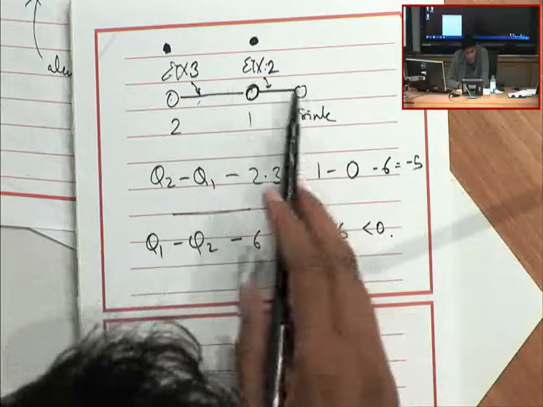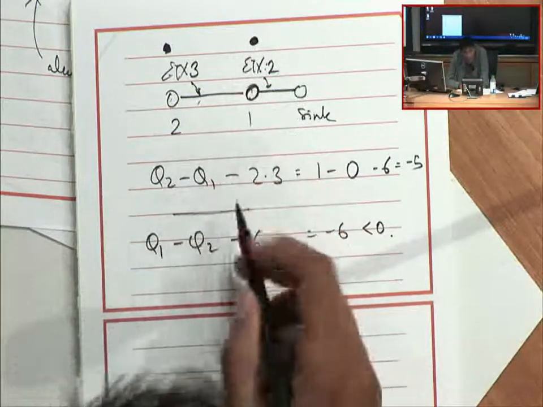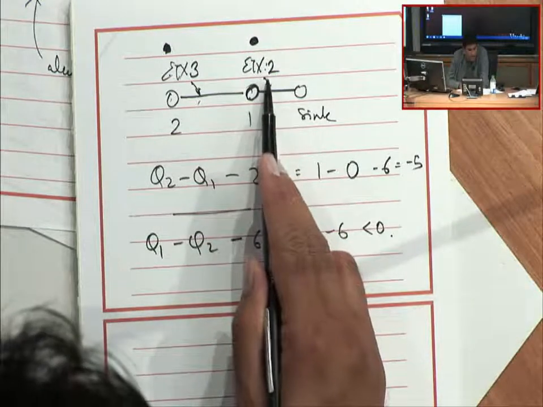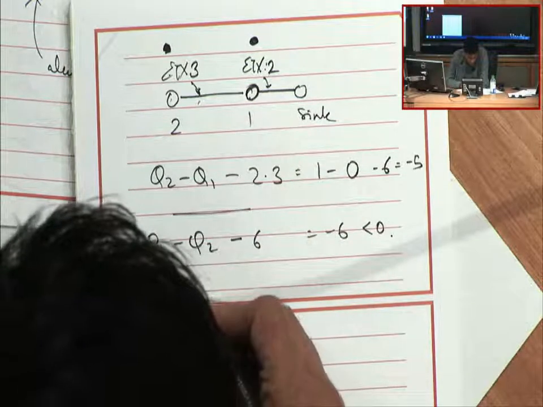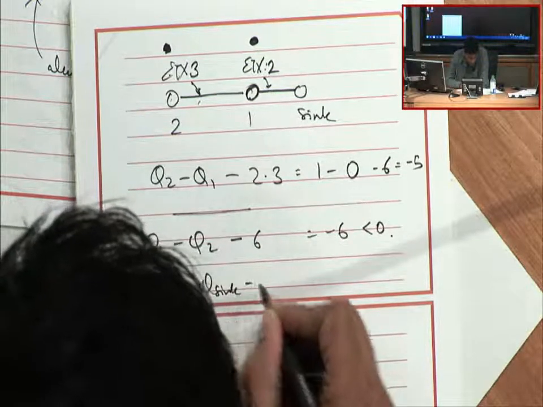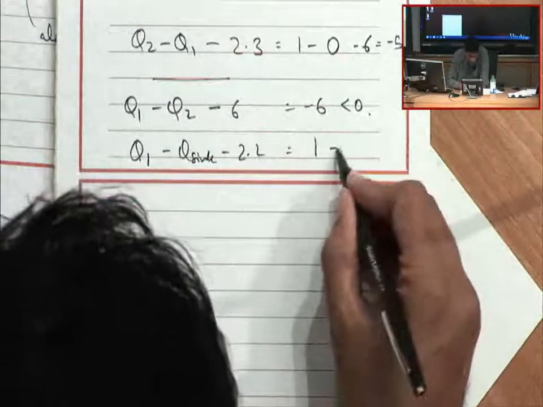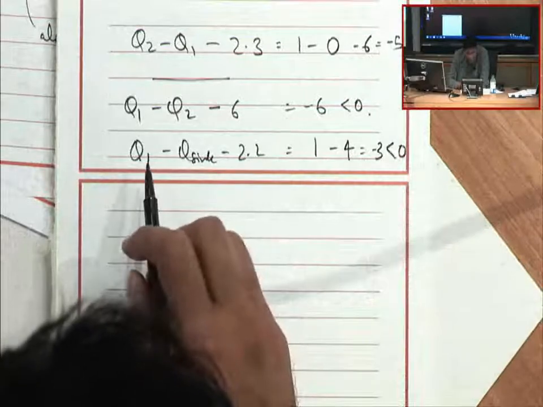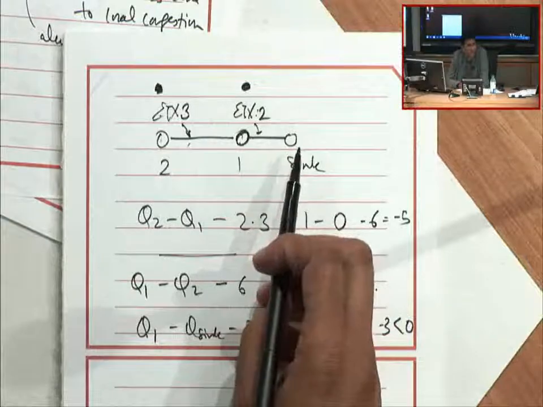In the forward direction, it does have more packets in its queue than the sink does, but the calculation we're doing has to take into account an additional ETX weight of 4. So in this direction, Q1 minus Q sink, if you will, minus 2 times 2. This is 1 minus 4, which is minus 3, and that's also less than 0. So in this case, even having one packet here, it's not going to move that packet to the sink.